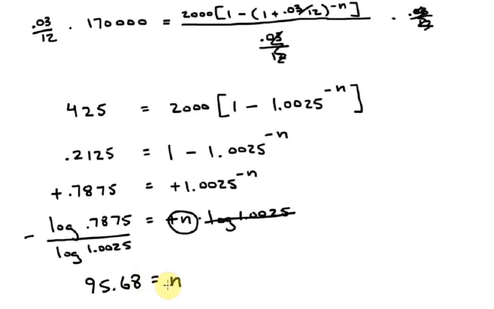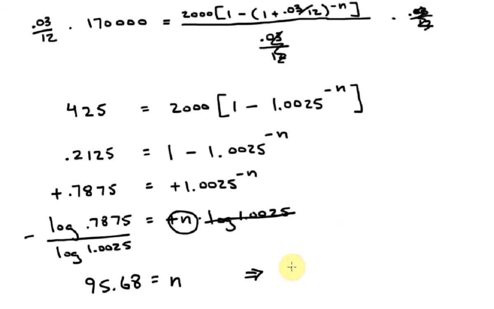Now remember, n is basically the number of payments. It's the number of times that this compounding decrease has occurred, or in this case, loss periods is a way to think of it. So how can I convert that to something more tangible? You could say this is the number of months because I'm making these payments and these transactions are occurring each month.